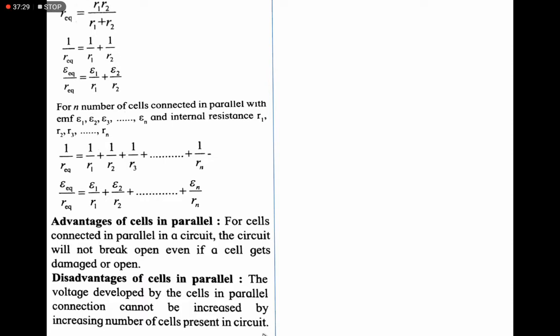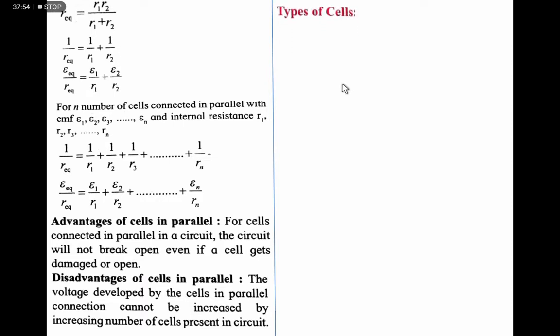Definitely, the potential of the parallel combination will decrease, and if the cells are in series combination, the potential will increase. So if the number of cells in parallel combination increases, the potential will go on decreasing.